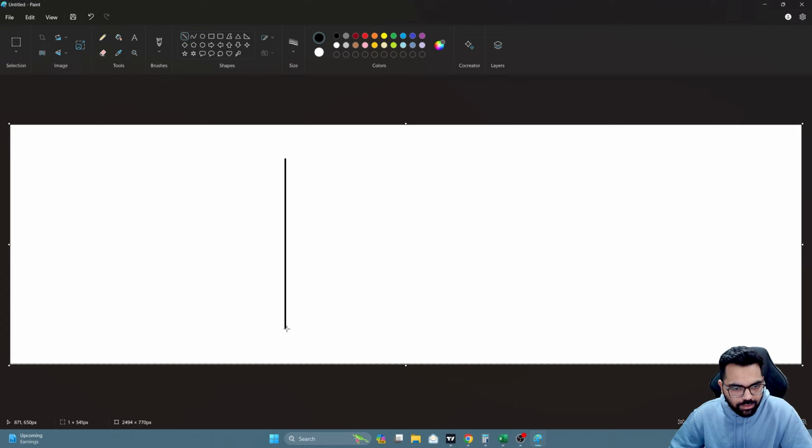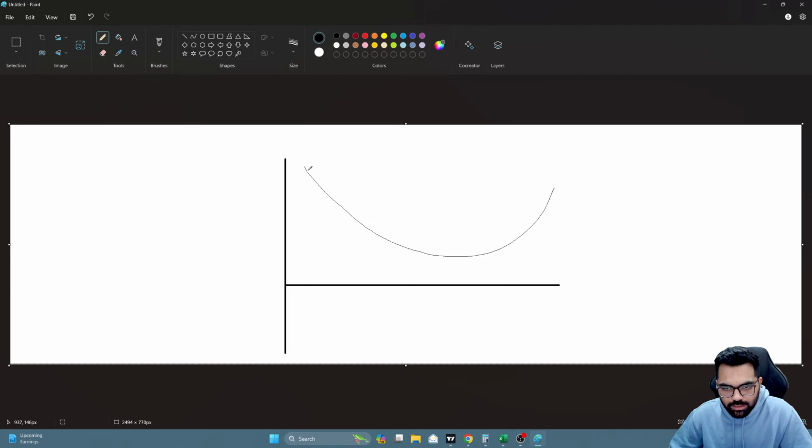On a graph, when you plot the IVs of all the OTM puts and OTM calls, you end up getting a volatility curve like this. Let me just increase the size. And this one curve belongs to one particular day, and there is a separate curve for each day. This is known as volatility smile or volatility skew.